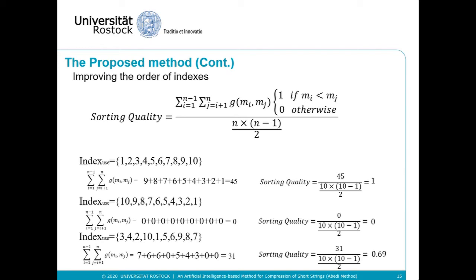For instance, in the first example, as 1 is less than the other 9 indexes, here we have 9. Then 2 is less than the other 8 indexes, so we sum up 8 with 9, and so on. This rule also applies to the other examples, and the sorting quality formula can be calculated in this way.